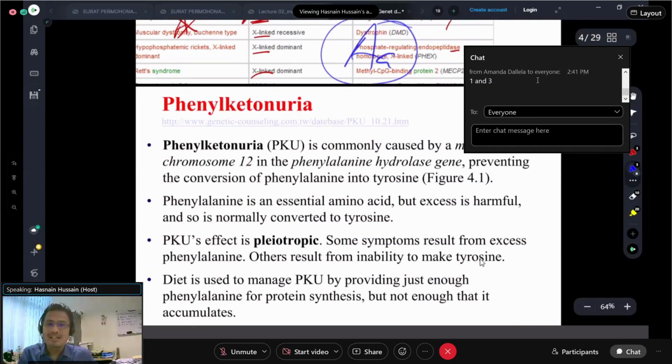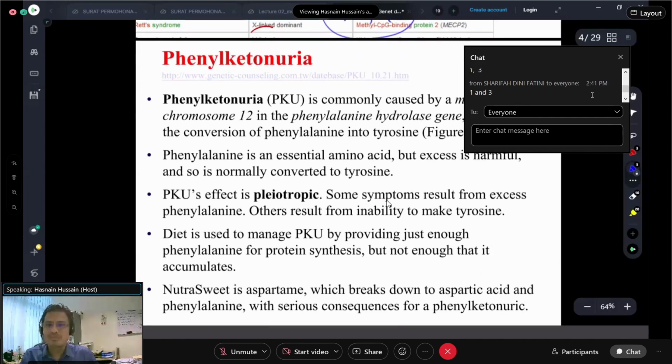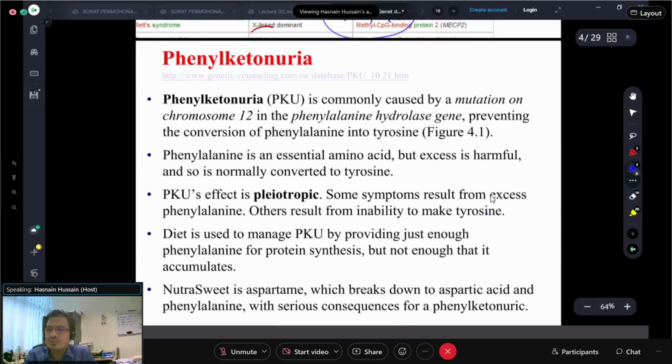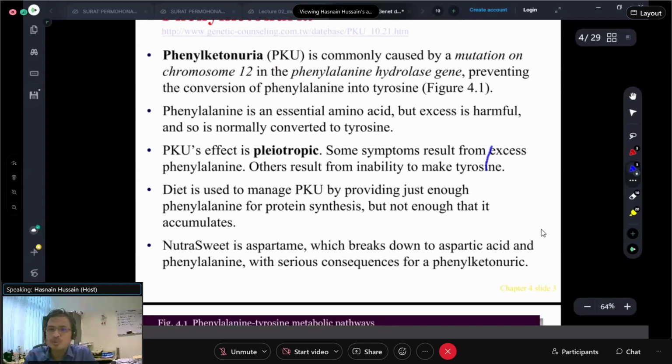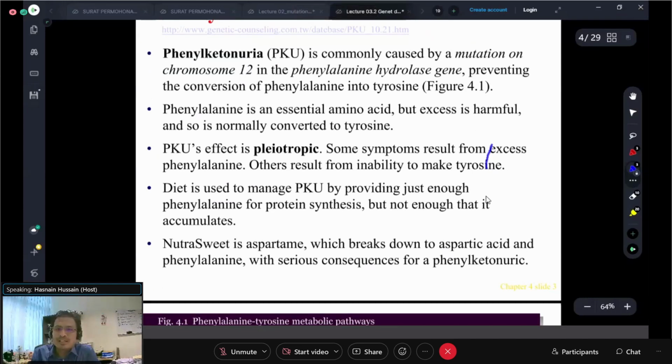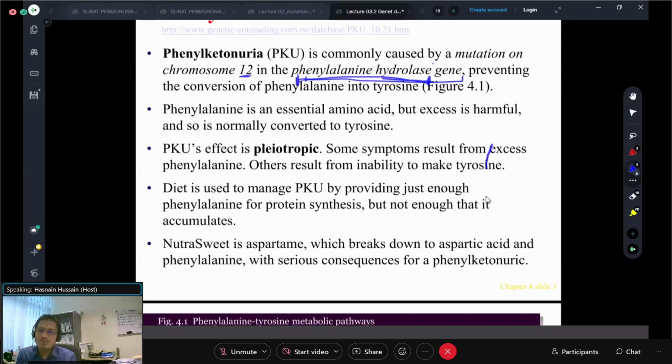All right. Phenylketonuria. Phenylketonuria is commonly caused by mutation of chromosome number 12, in the phenylalanine hydroxylase gene that produces the phenylalanine hydroxylase enzyme, which enables the conversion of phenylalanine into tyrosine.